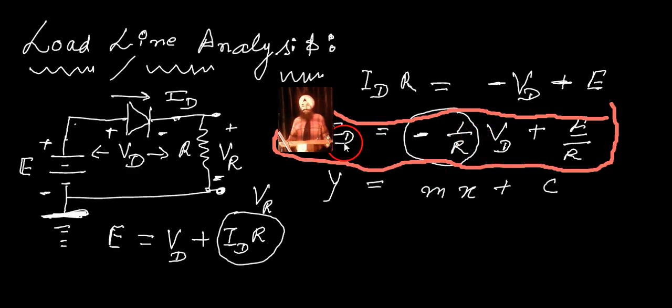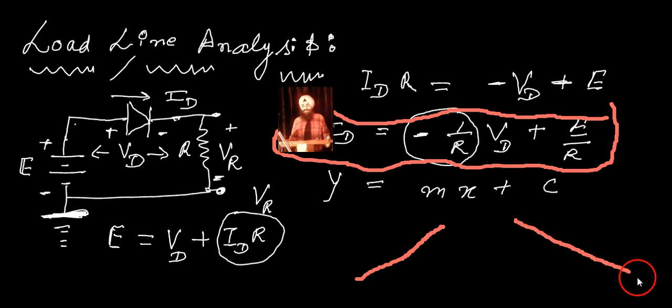That means if we plot a graph between ID and VD, ID means Y, VD means X, that will be a straight line. Also, because the negative sign is here, the straight line will not be like this, because this line has a positive slope. The straight line will be like this.